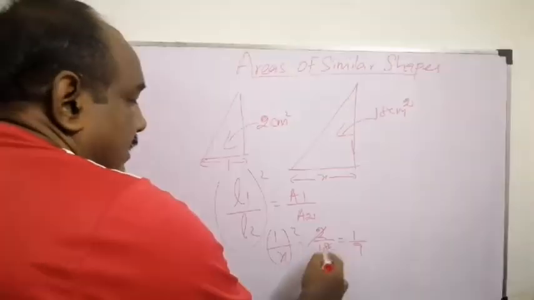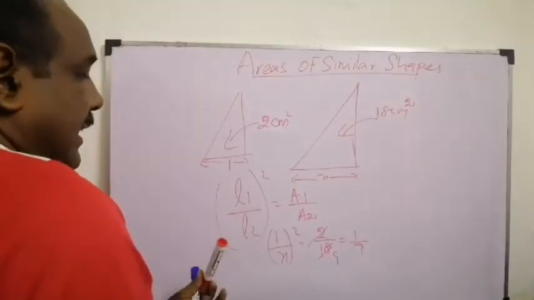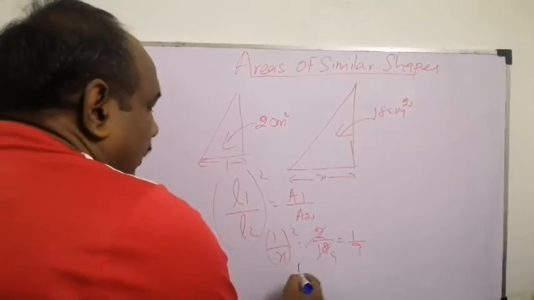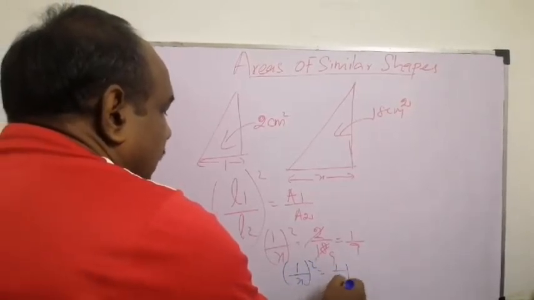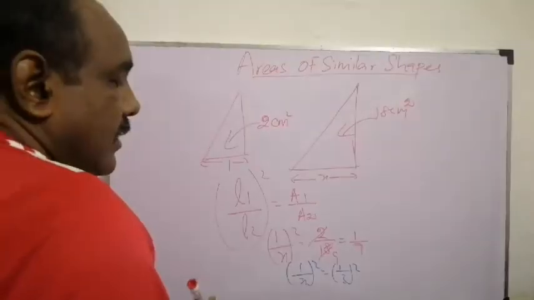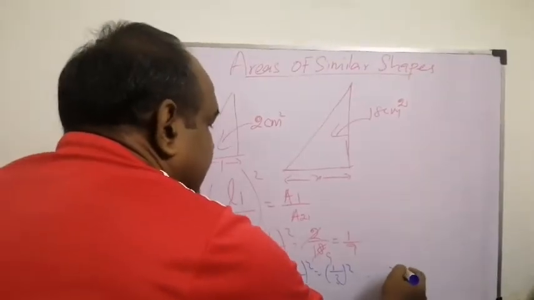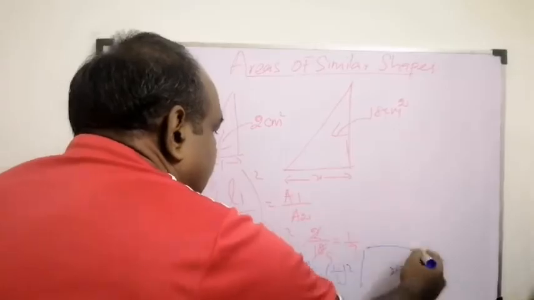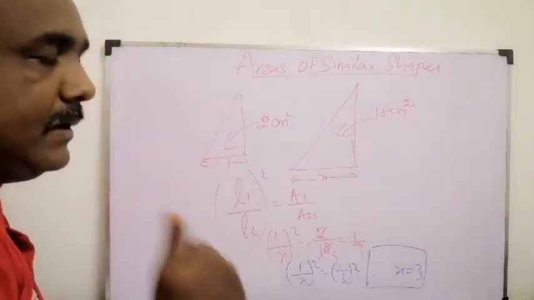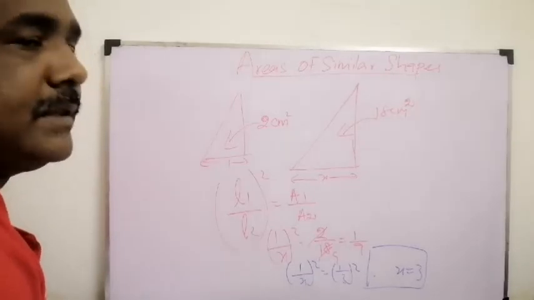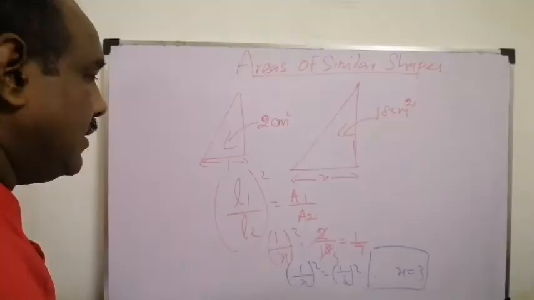I can simplify and write 1 over X squared is equal to 1 over 3 squared. Therefore, X is equal to 3. That's the only thing you have to do.